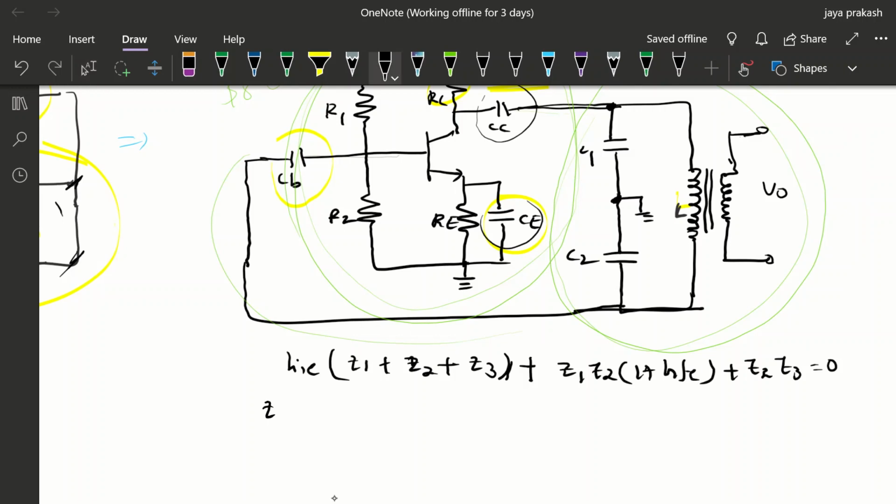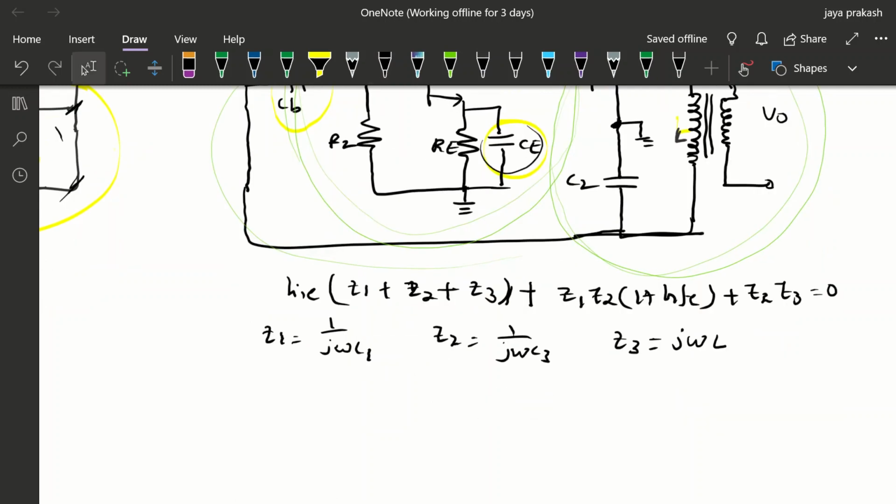So Z1 is equal to 1 upon j omega C1, Z2 is equal to 1 upon j omega C2, and Z3 is equal to j omega L. If we substitute this, then hie into (1 upon j omega C1 plus 1 upon j omega C2 plus j omega L).